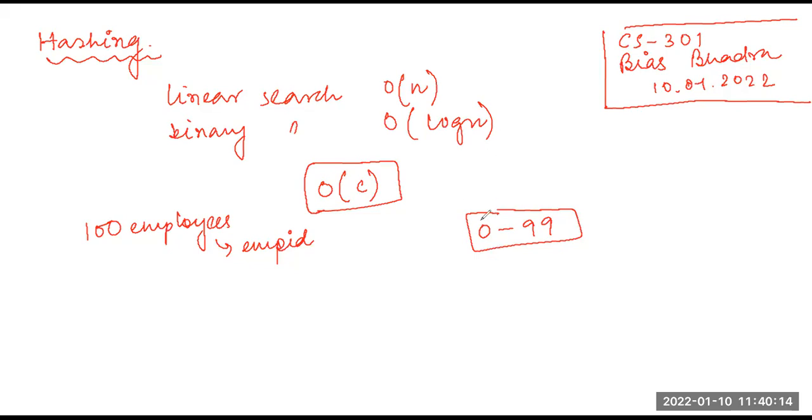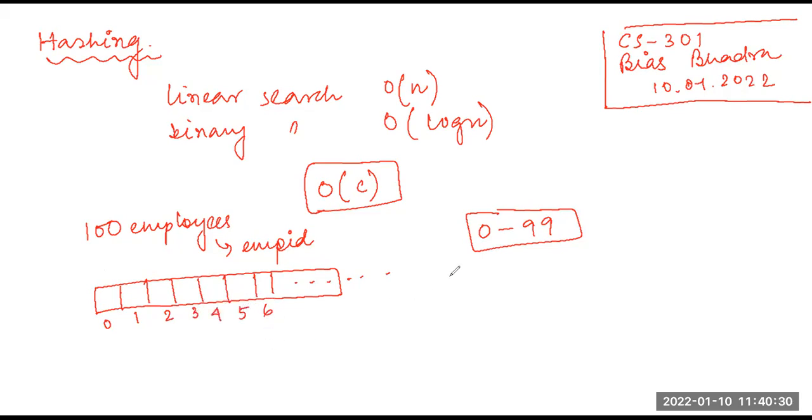Suppose I have the array like this, and I want to store the details of my third employee. The third employee will have the employee ID 2, so the index location 2 will act as the key into my array.